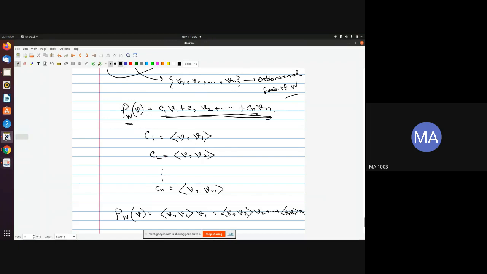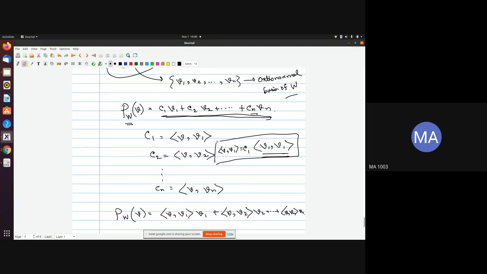Why do we need orthonormal? Basically, at some place I have this, and this will become my V1. Now I need this one to be 1, because this is orthonormal. Then only I can write this one to be 1, and all the others will be 0. Is it clear?